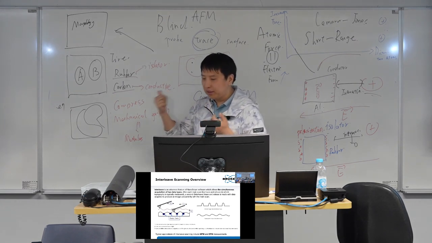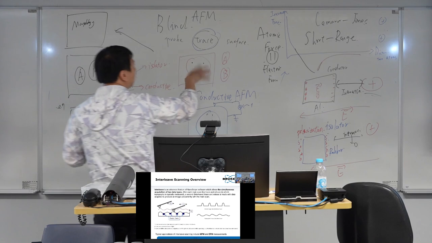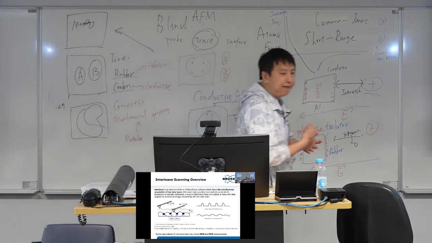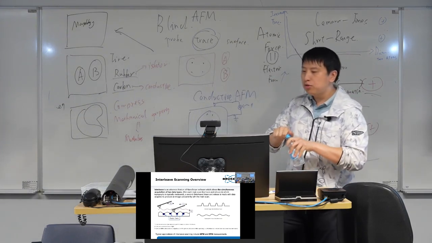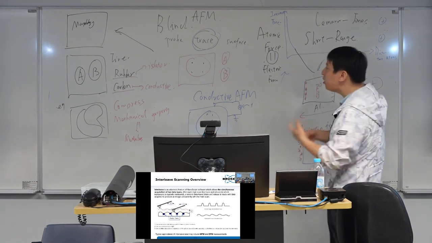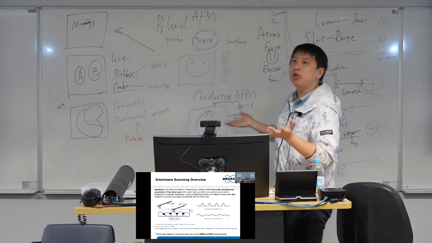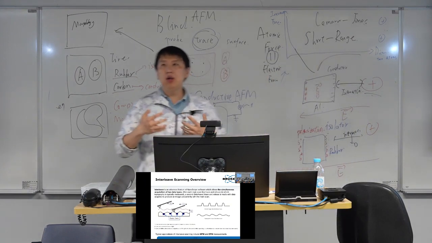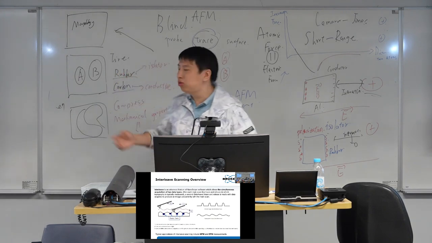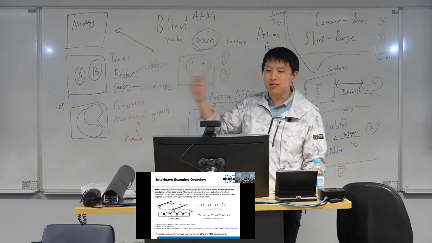Okay, so let's go to this topic. For the EFM, we have an idea. If we want to measure some force other than the atomic force, what can we do? We only know the AFM probe is good at sensing the force between the tip and the sample.